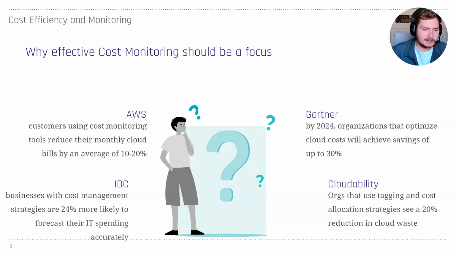IDC says businesses with cost management strategies are 24% more likely to forecast their IT spending accurately. As you can see, all these statistics underline how important cost monitoring and cost efficiency are nowadays, especially in the cloud.